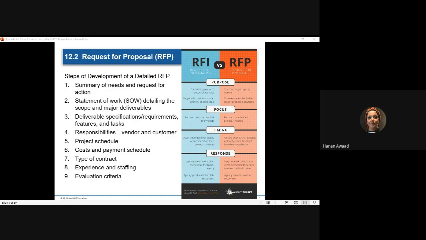And in the request for proposal, actually it's an art, preparing a request for proposal, because I will tell the suppliers exactly what I am searching for, what is the problem I'm trying to solve, and what are the items that I want to see in their proposal.